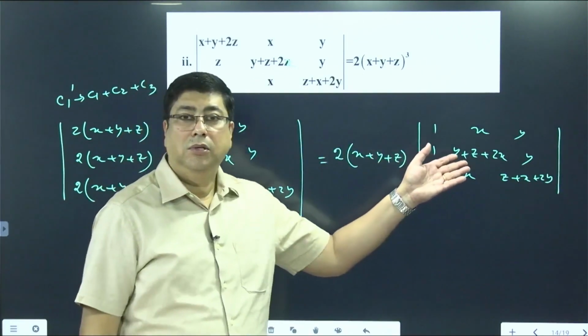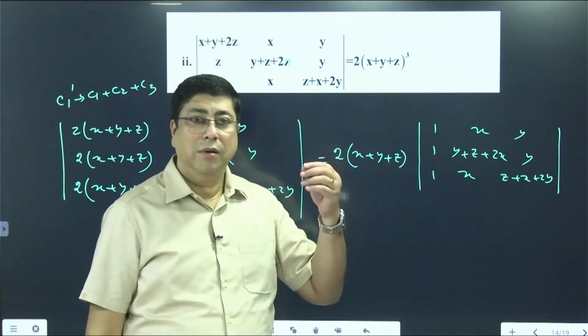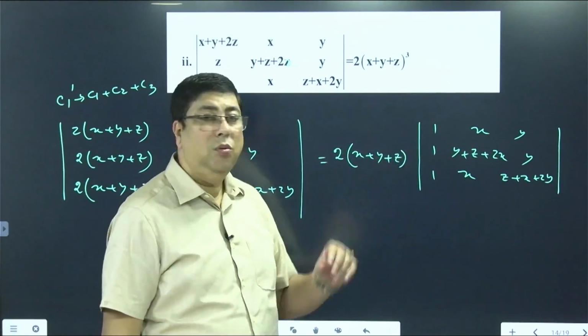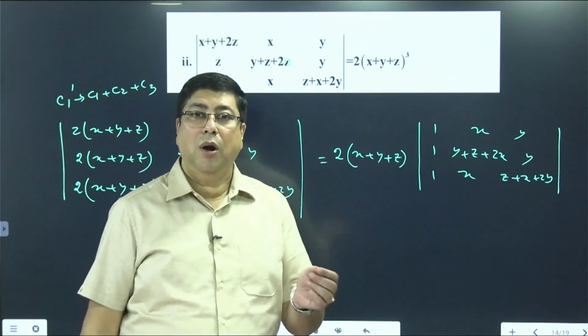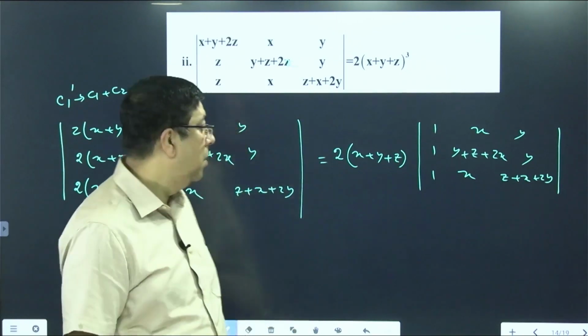Now, same as the previous method, on R2, R2 minus R1, on R3, R3 minus R1. Let's see what is coming.